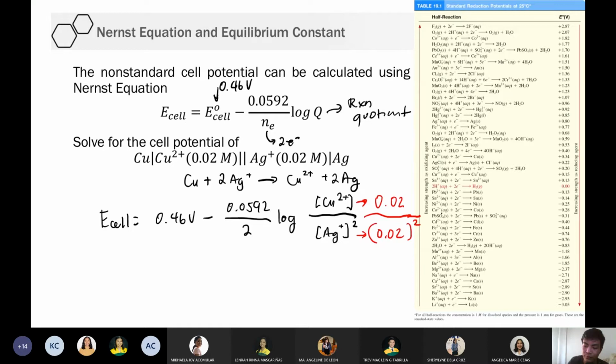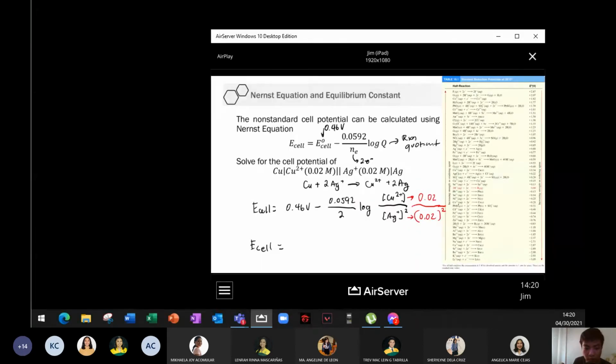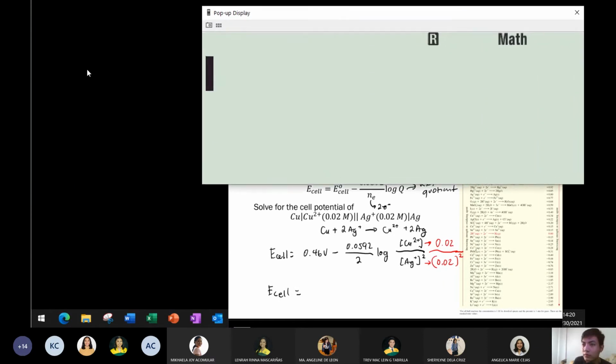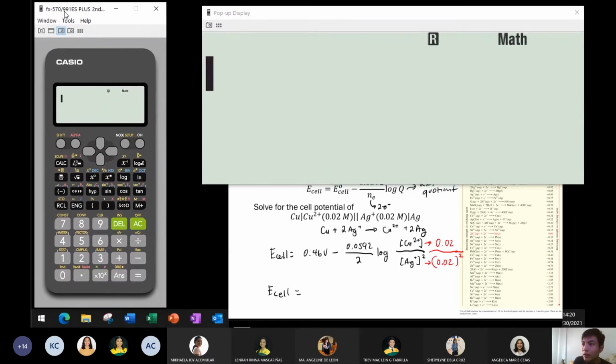Okay? So let's plug this in our calculator and then we will get E cell. Okay? Let me plug it sa calculator natin dito para makita nyo kung ano pinipindot ko. Okay.